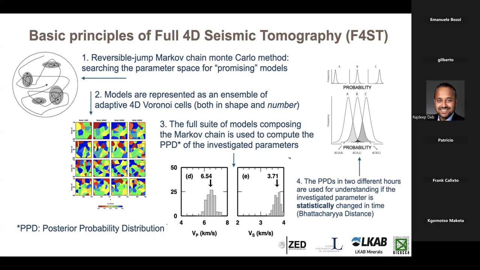So at the very end, for each point of the mine, we have a value that is representative of the seismic velocity at that point of the mine in time. Given that we have a posterior probability distribution, which is a statistical indicator of how well the parameters are resolved, we can use the Bhattacharyya distance to understand better if the parameters are changing in time.